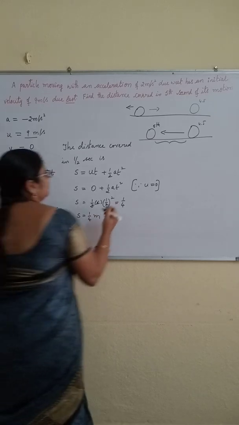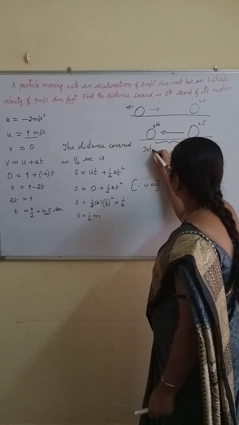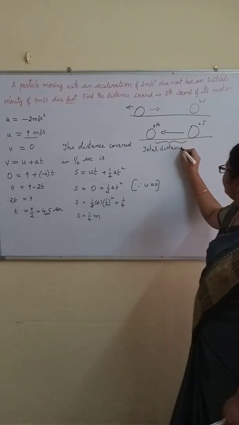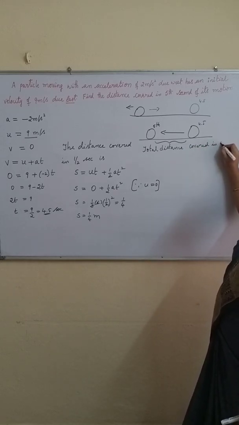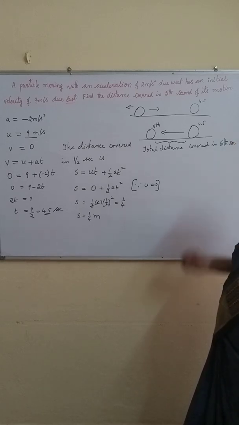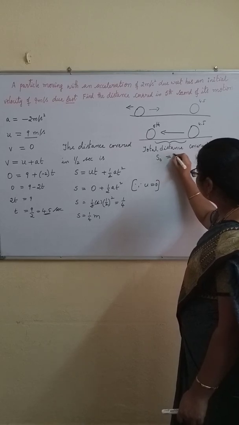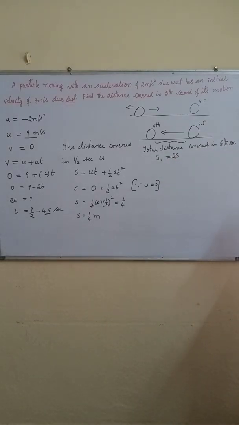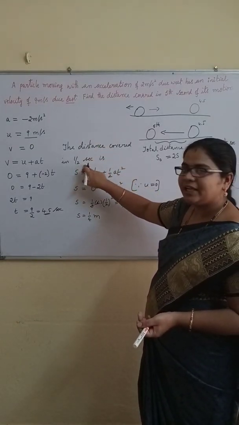Now we should find out the total distance covered in the fifth second. Let it be S naught. This S naught will be equal to 2S. Why? Here the distance covered we found is for half second, right?